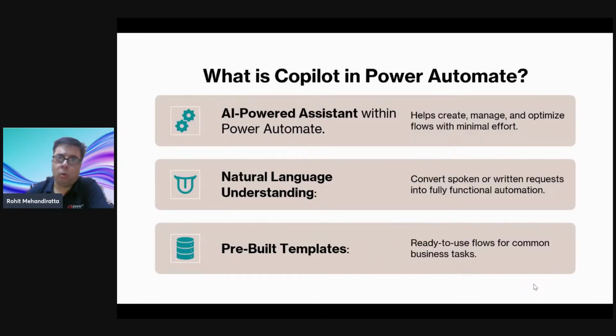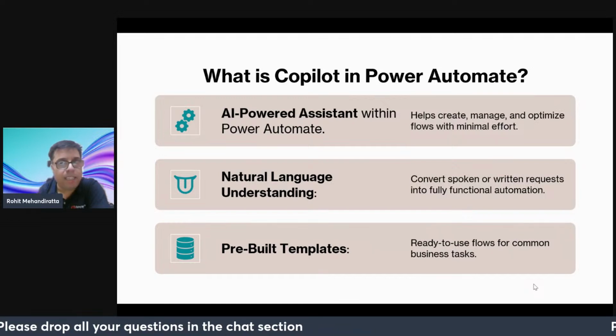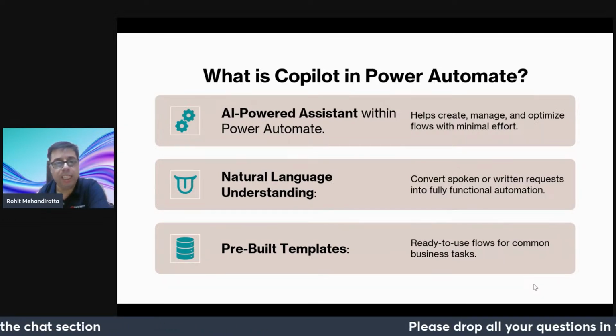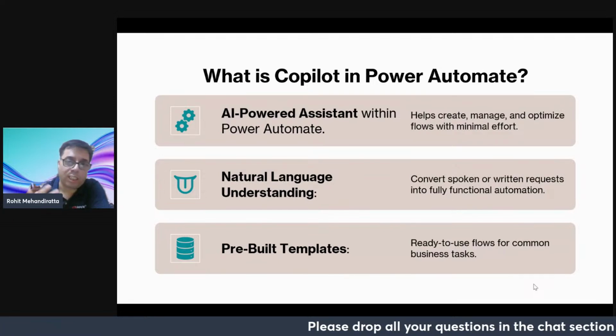Now, what is Copilot and what is Copilot doing in Power Automate? Basically, we have got Copilot in the Power Automate world. Now we can create a standard kind of template of a Power Automate flow automatically by giving the instruction in natural language.